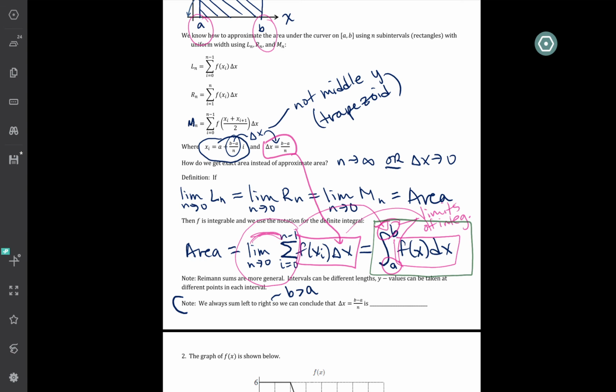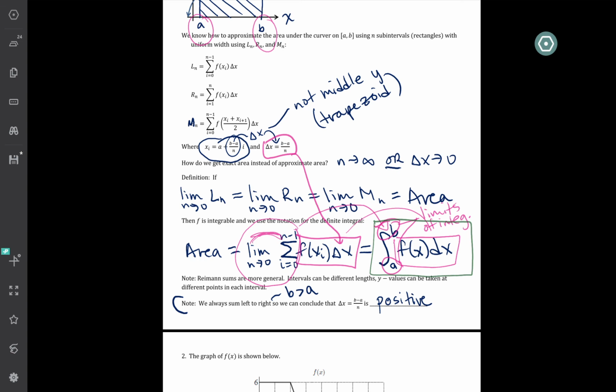So we're going to assume that B is bigger than A, which means that we conclude that delta X is always positive. If B is bigger than A, then B minus A is positive. Number of rectangles has to be positive, so when we divide, delta X is positive.